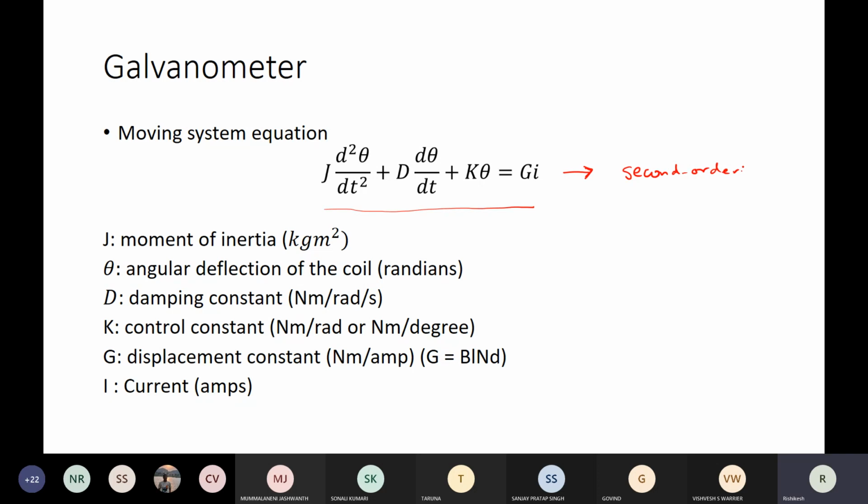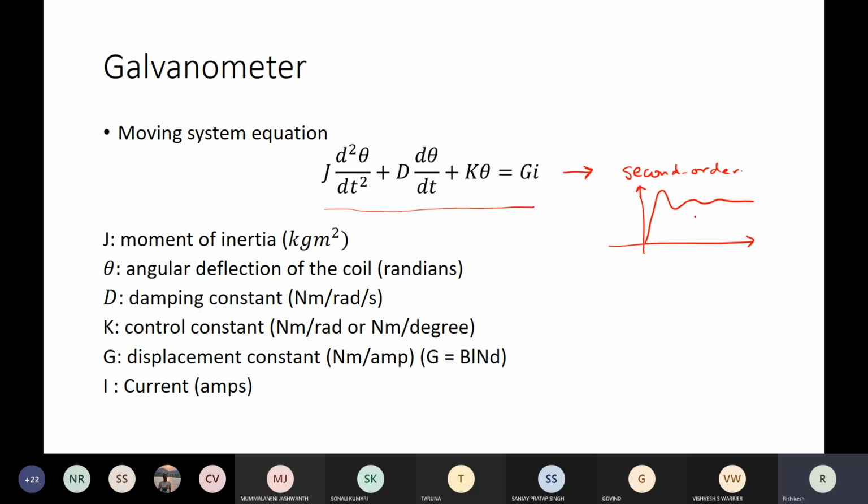Okay, a second order instrument. So in that case, it is clear that the response will look like this to our step input. And you must have seen that these PMMC instruments do indicate such behavior.